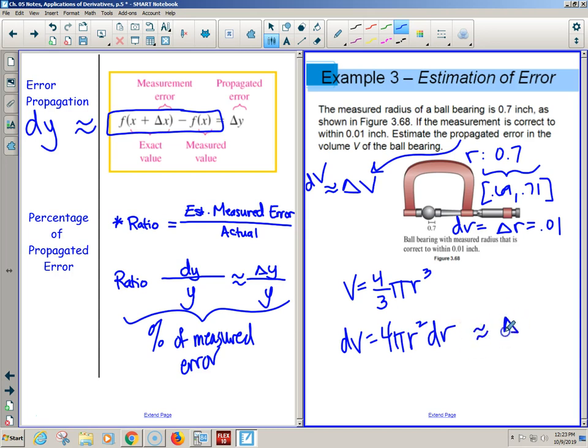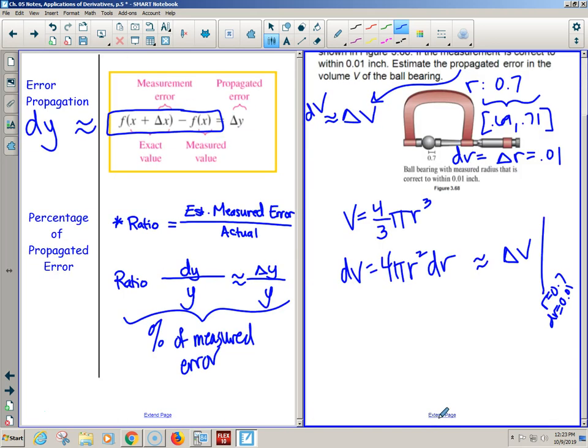Couldn't this approximate delta V if I plug in my information of r equal to 0.7 and dr equal to 0.01? So then I would plug in and say, okay, I have 4 pi times 0.7 squared times 0.01. So instead of having to cube these nasty decimals and figure out the range, 0.7 squared is just 0.49. That's not too bad.